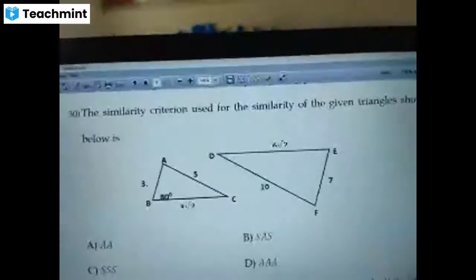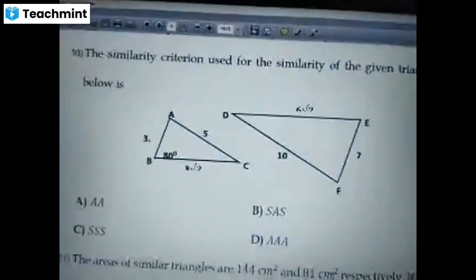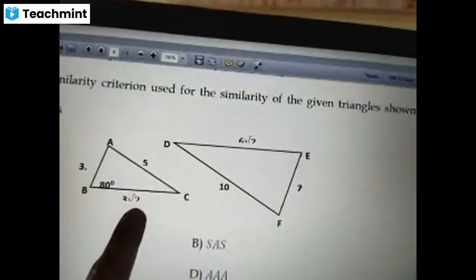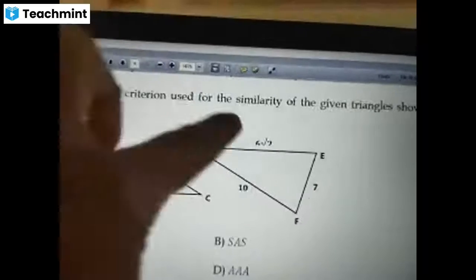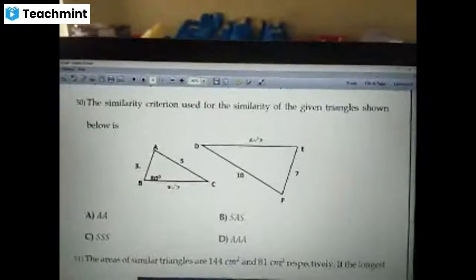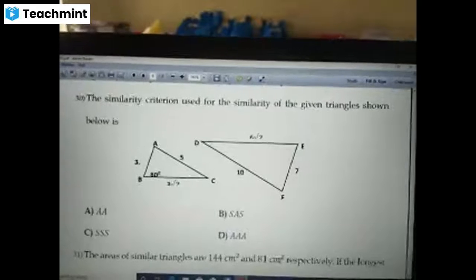Here, look at the diagram. Maybe this is 3 root 2, I think. This is the 6 root 2. The similarity criterion used for the similarity of the given triangles shown below.